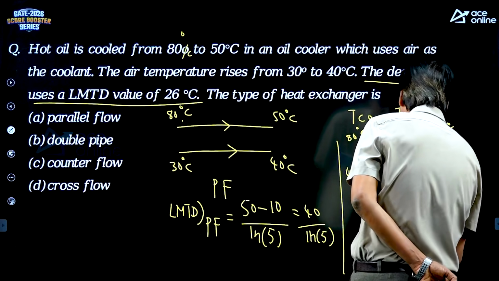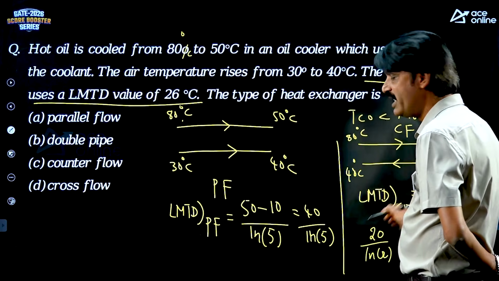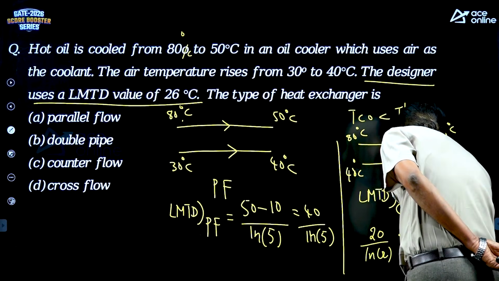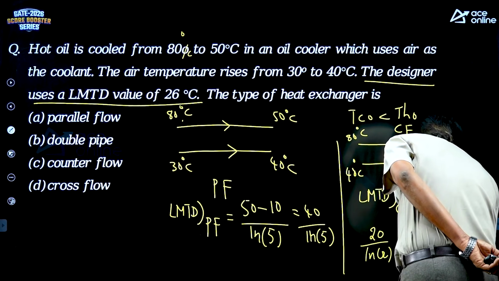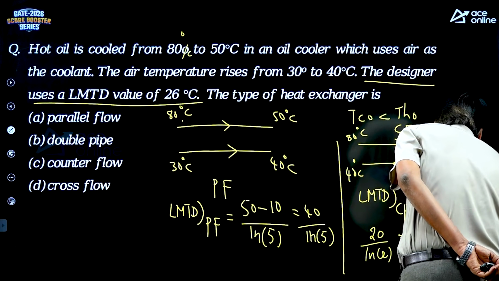This is 20 divided by 0.693, and this value is greater than 26 degrees centigrade.